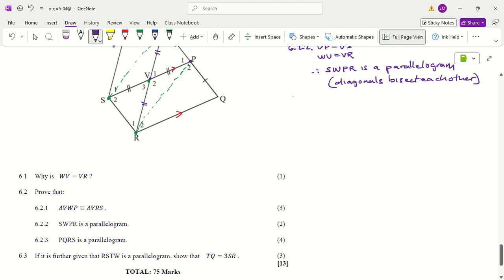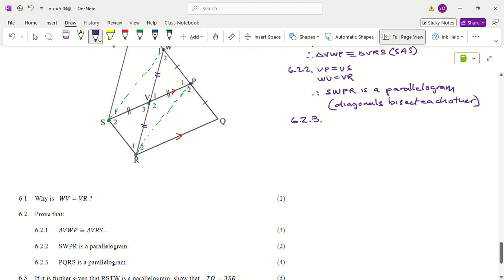And then we have 6.2.3. 6.2.3 wants us to prove that PQRS is a parallelogram. It's very easy to do. First of all, we are given that WP is equal to PQ, and you can see it's given here.